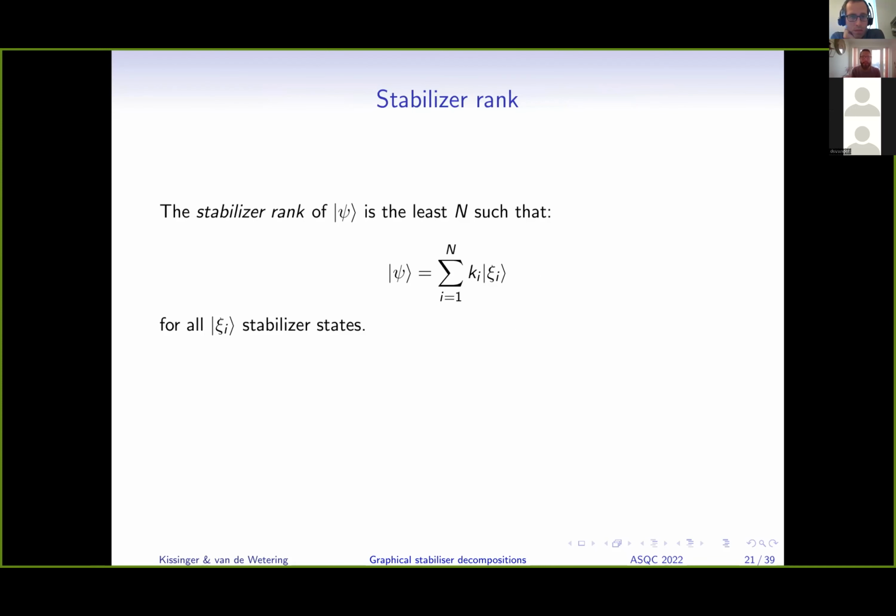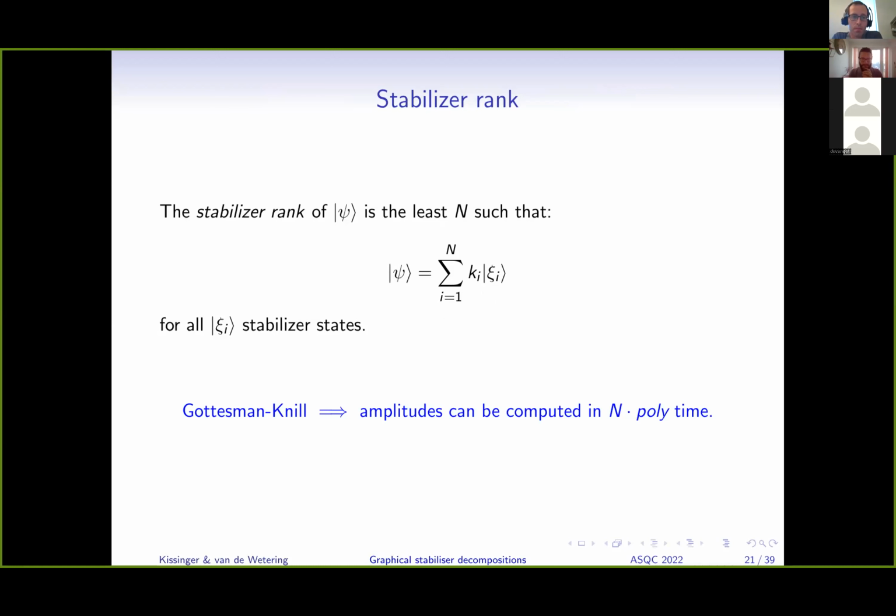Okay, so the stabilizer rank of an arbitrary state is the least capital N, so this N could be very large. It's the least N such that psi is written as a sum of up to N stabilizer states. If it's a sum of not very many stabilizer states, this is going to be pretty easy to simulate.